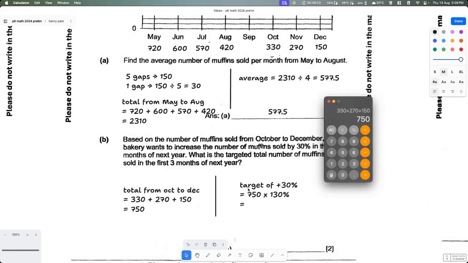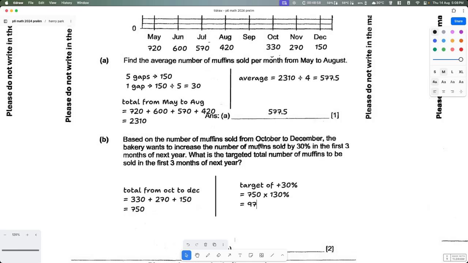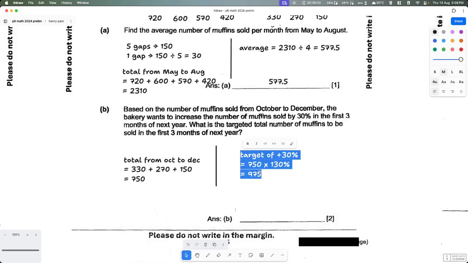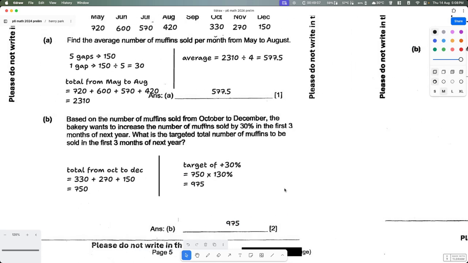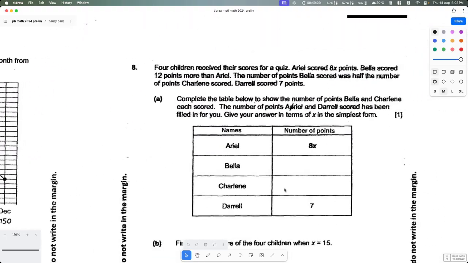Times 130%, 975. There you go, that's the answer. So 975 muffins. Okay, let's move on to the next question.